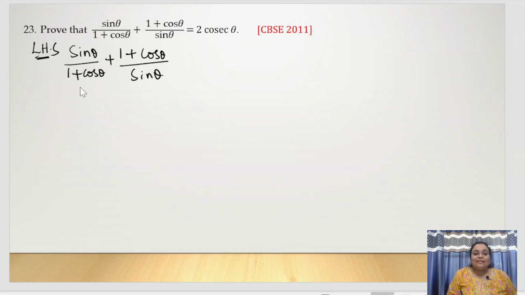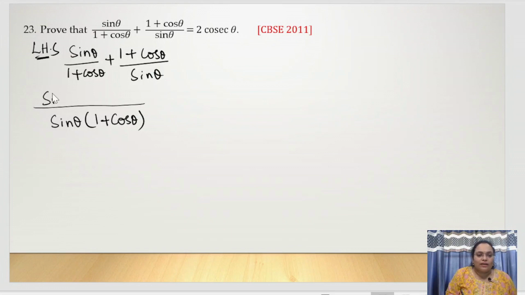Okay, now let us take LCM for these two. You will get sine theta into 1 plus cos theta. In the denominator, you have 1 plus cos theta and sine theta. So you will multiply sine theta to this sine theta. You will get sine square theta.